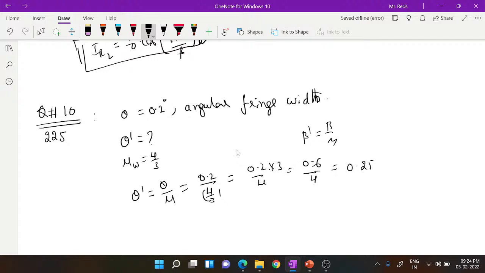So 0.25 into 0.6, you can take as 25 into 10 power minus 2 into 0.6, or 25 into 6 into 10 power minus 3. So 25 into 6 is how much? 150.